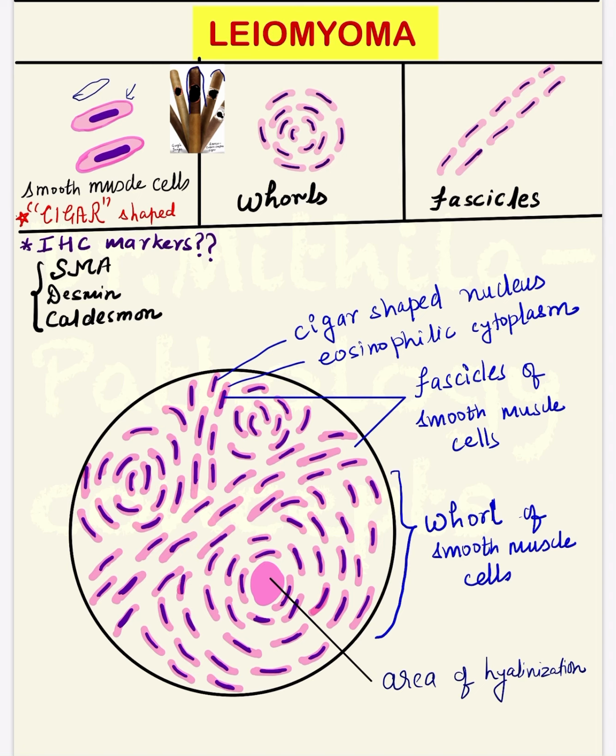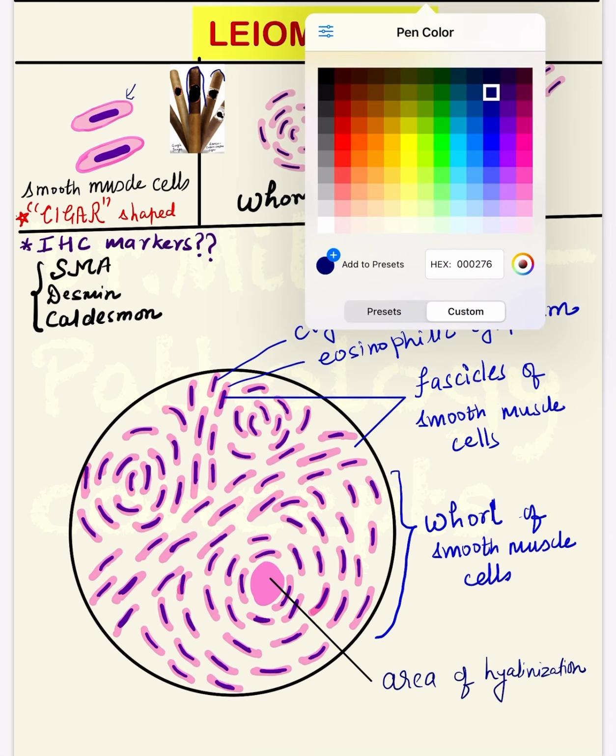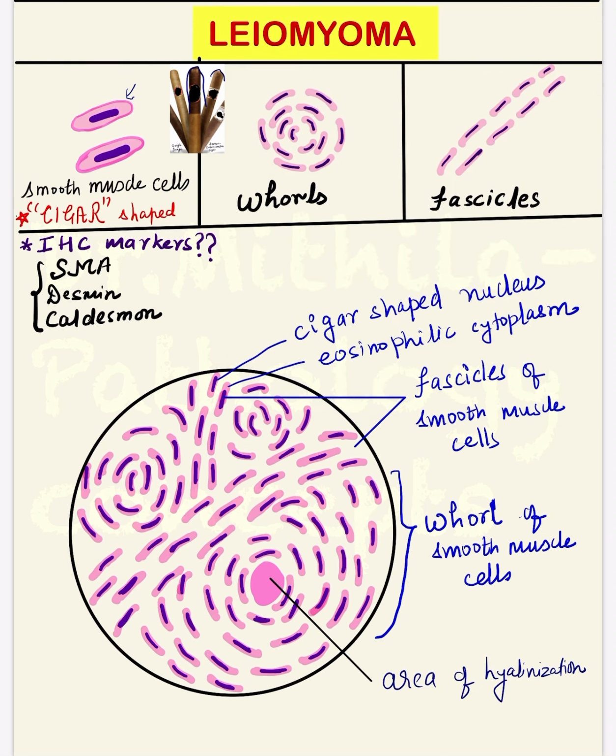So the cells are spindle shaped. The spindle shaped cells have a few DDs, differential diagnoses. Like fibroblast, which is also spindle shaped, but there the cell has pointed ends and the nucleus is elongated. So this is how a fibroblast looks.